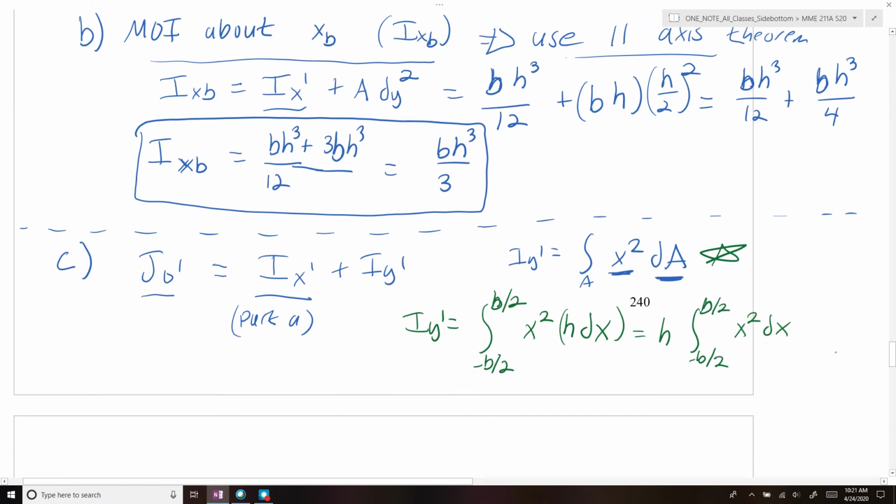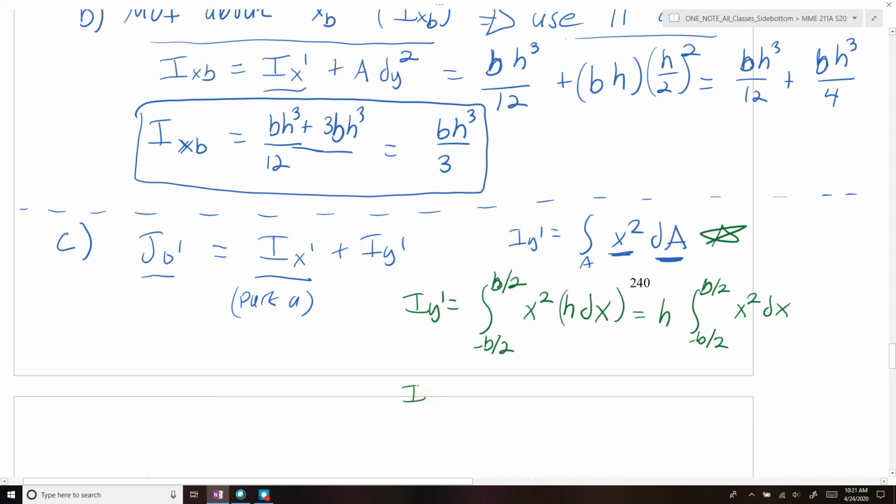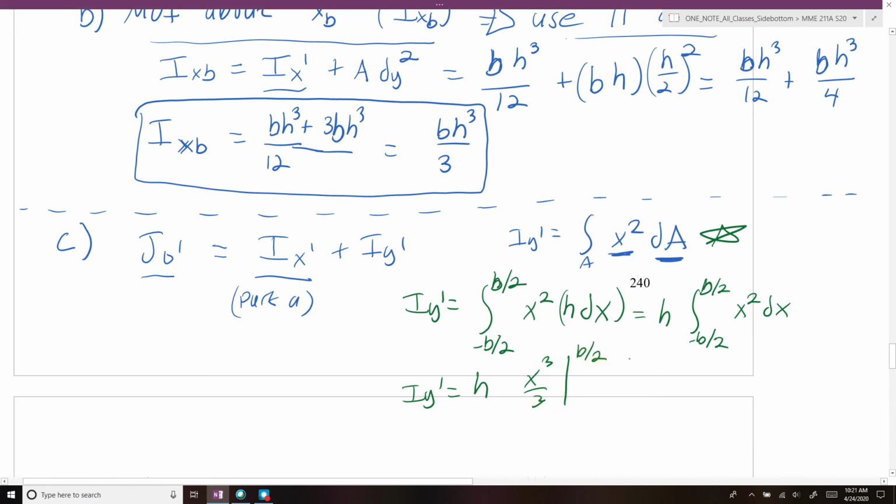If we integrate x squared dx, we'll get Iy prime equal to h times x cubed over 3, and then we evaluate at the bounds, b over 2 and minus b over 2.